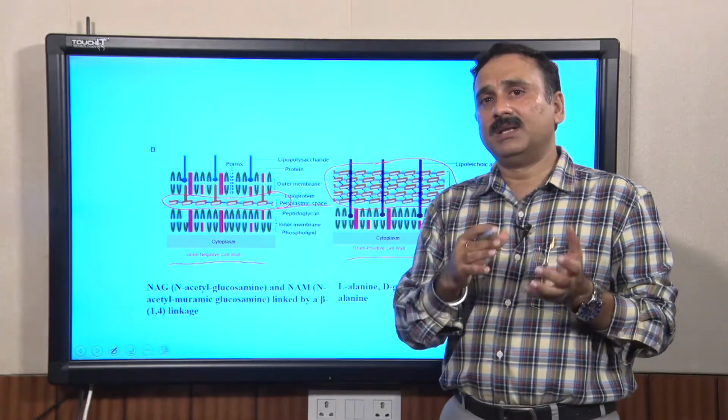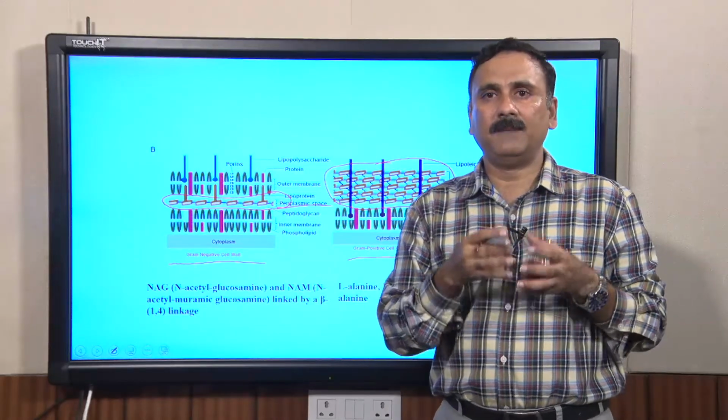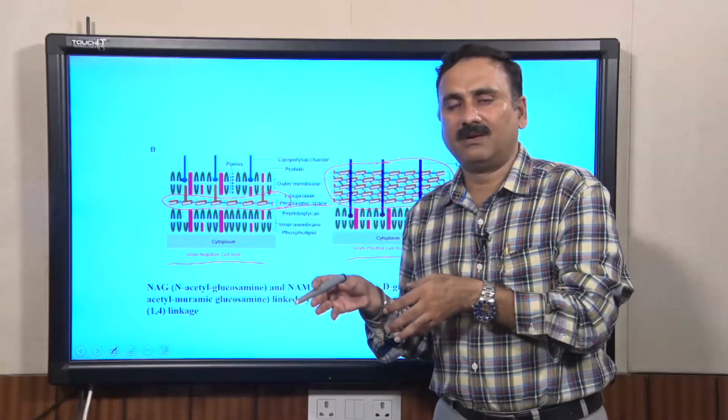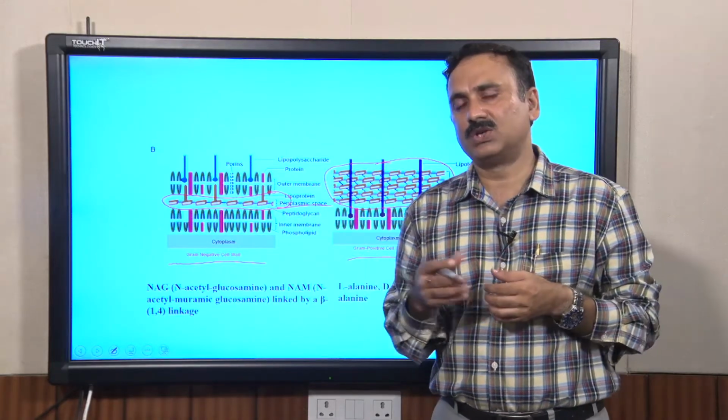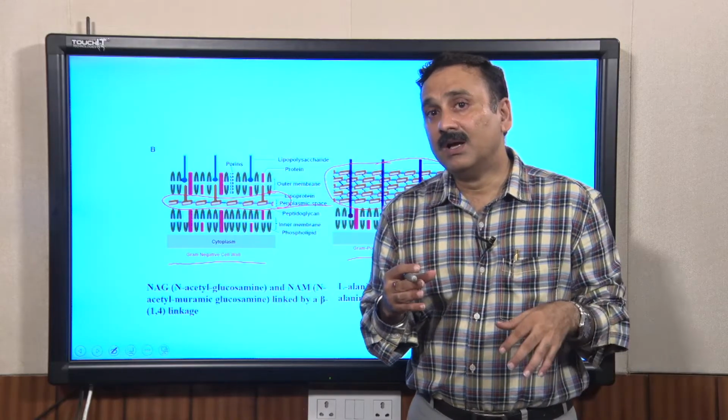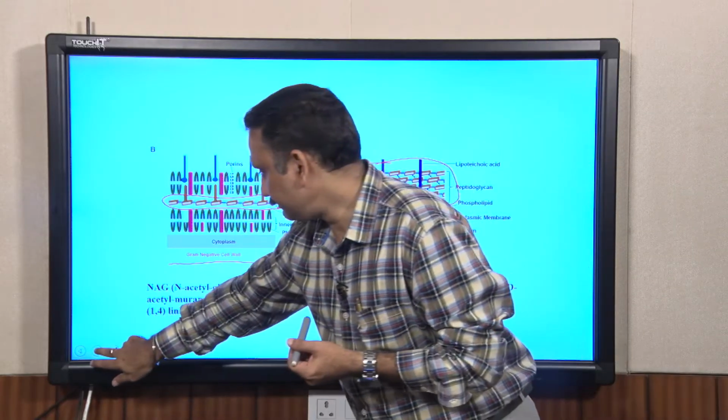And because there is a difference in the thickness of the peptidoglycan layer, people have discovered stains which can be used to distinguish between the gram positive as well as the gram negative bacteria.